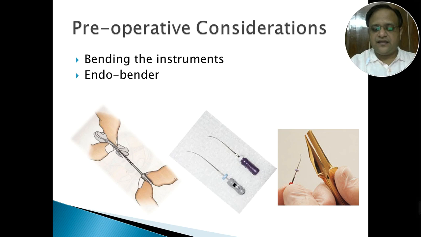So how is it bent? Let's see. You can take a gauze piece in one hand between two fingers and the instrument that you wish to use for working length determination. Usually a 06 or 08 or 10 number K file is used initially, and in bigger canals like the maxillary central incisors, even a 15 number file is introduced in certain cases, not all cases.